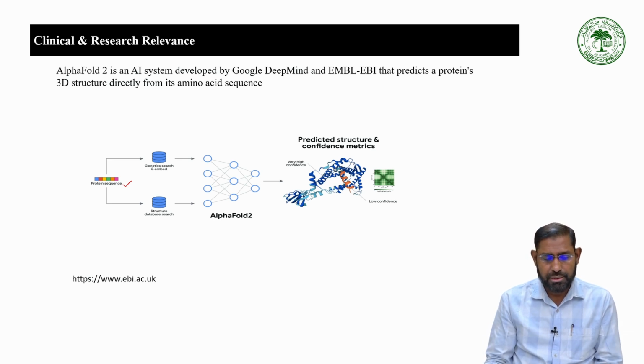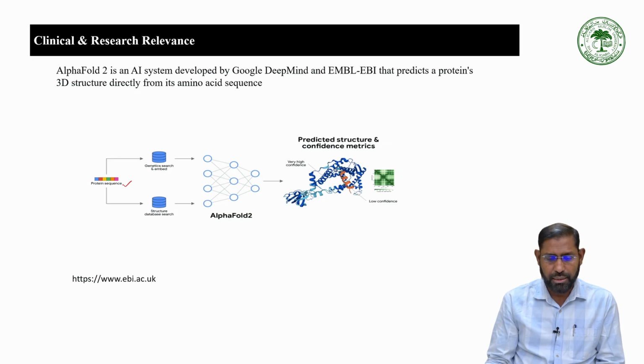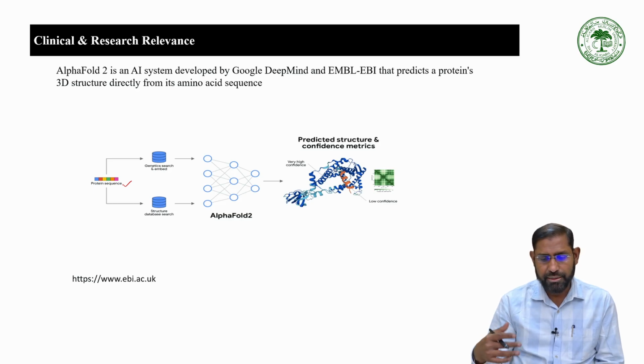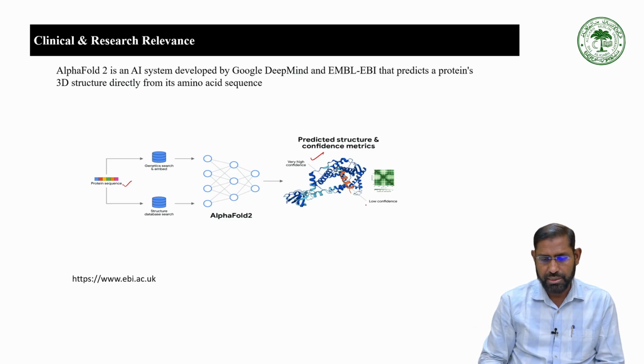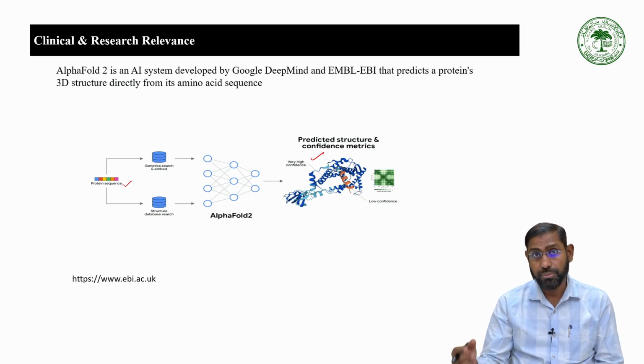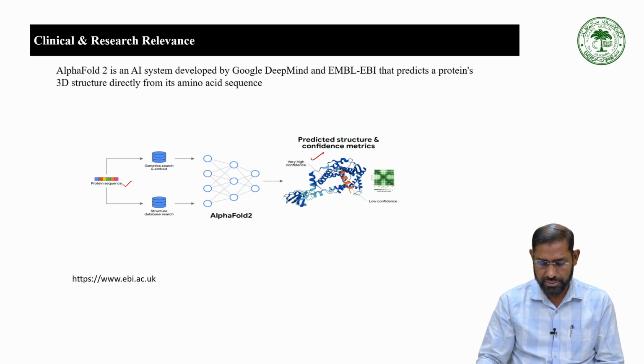It does a genetic search and embedding, meaning it gets the information. Then it searches a structured database and finally predicts the conformational structure of a protein with very high confidence. With the help of this, you can determine the structure of folded proteins from amino acid sequences.